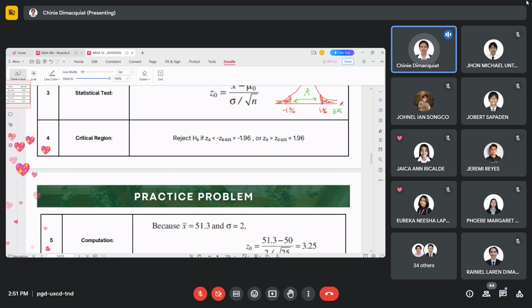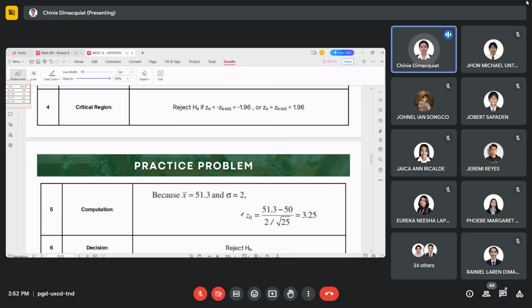So since itong 3.25 ay under nitong shaded region natin, ano kaya yung ating magiging decision? Kailangan ba nating i-accept or i-reject yung ating null hypothesis? Anyone? So accept or reject? So reject. So kailangan nating i-reject yung ating null hypothesis.